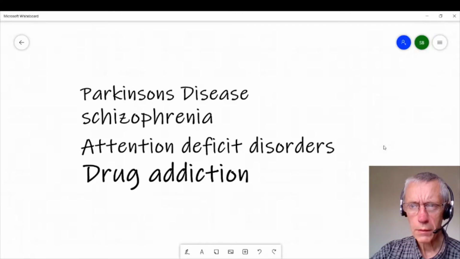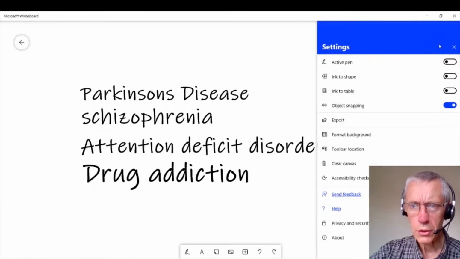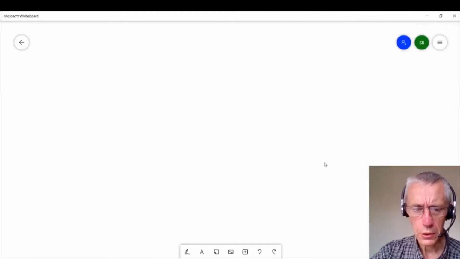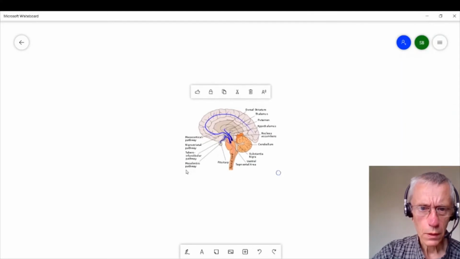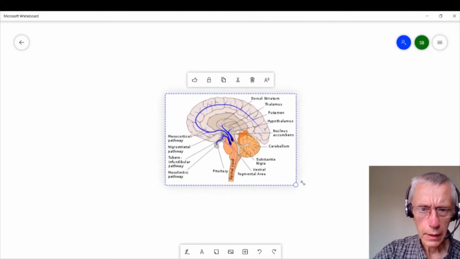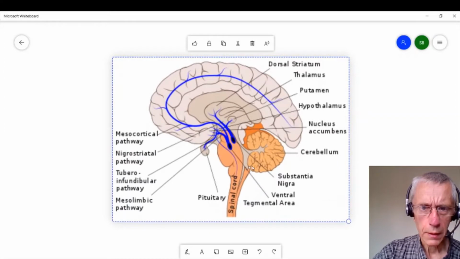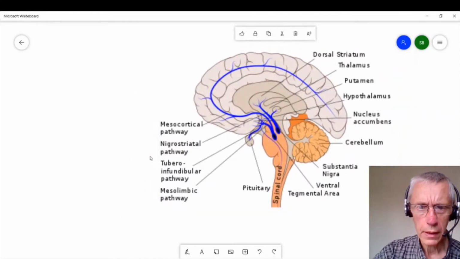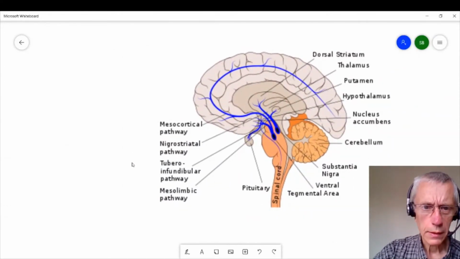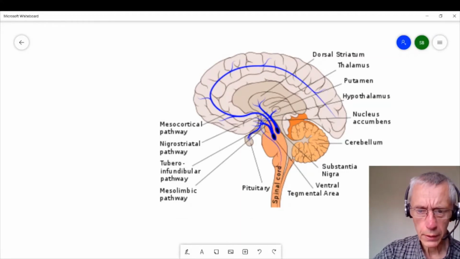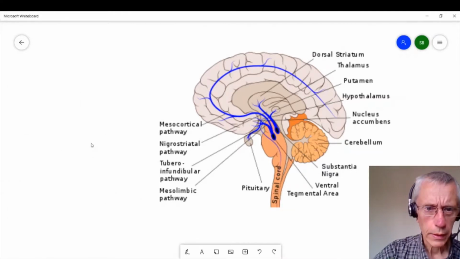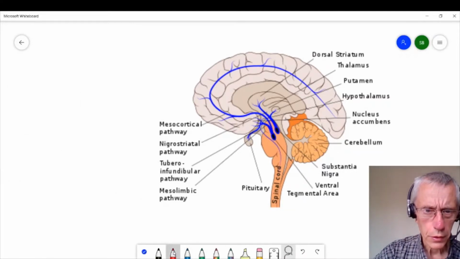So let's have a look at where these dopamine pathways actually are. Here we have an image of the brain, and you can see that there are actually a number of different pathways. Let's start with the nigrostriatal pathway, which is this one here.